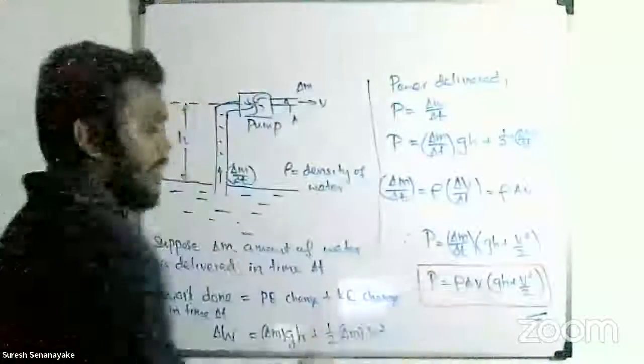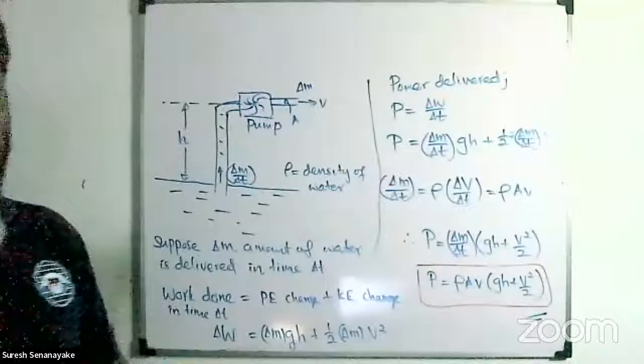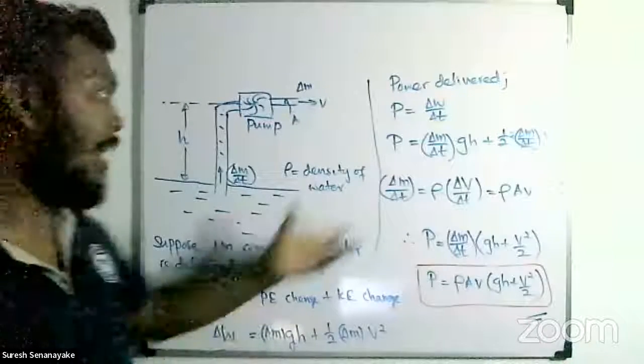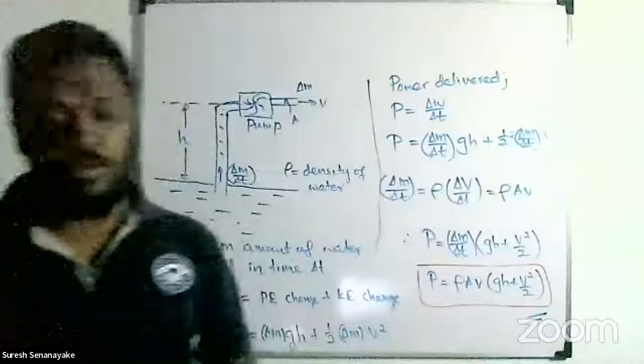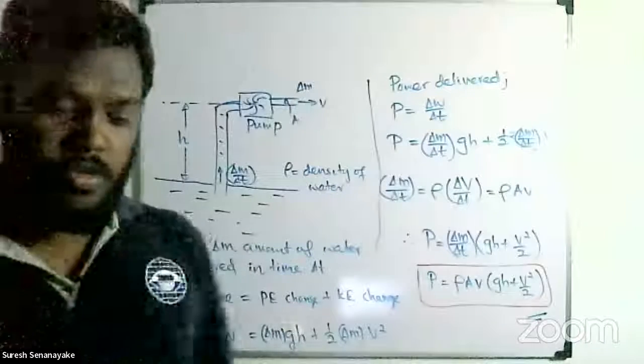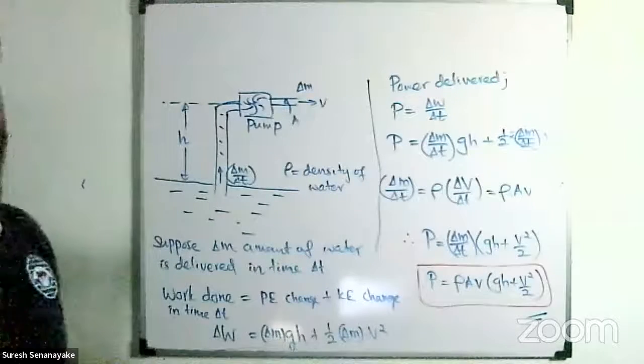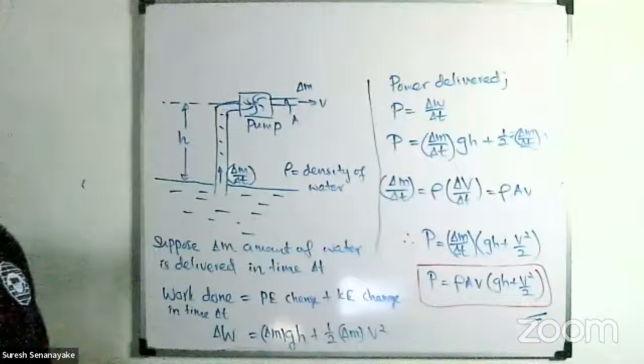These are not equations you need to remember, right? You need to know how to derive this kind of expression and then calculate the values when they are given. This is the way.